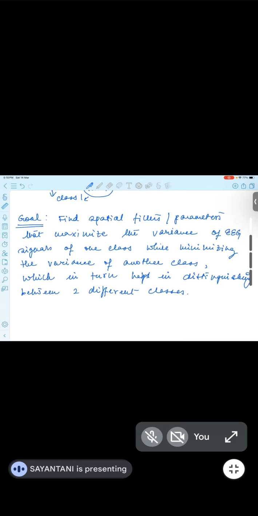Okay, so this is the main objective. So I am going to vary the variance and accordingly detect whether it belongs to class 1 or class 2.